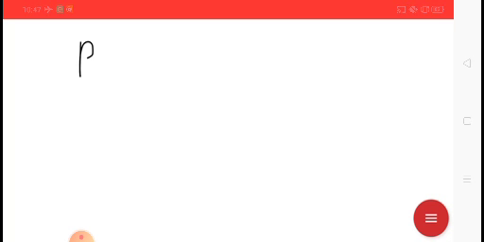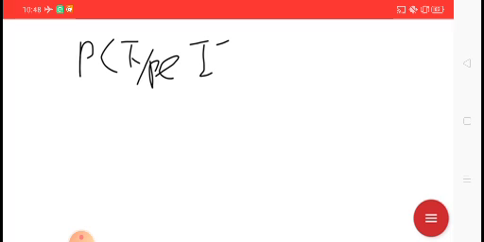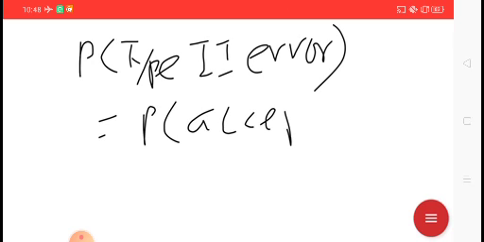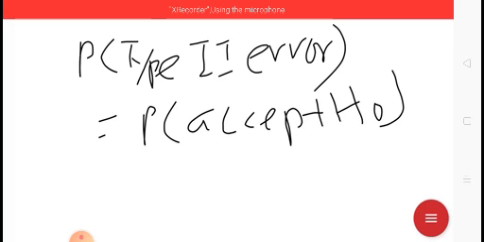The probability of type 2 error will be equal to the probability that you accept the null hypothesis, as simple as that.